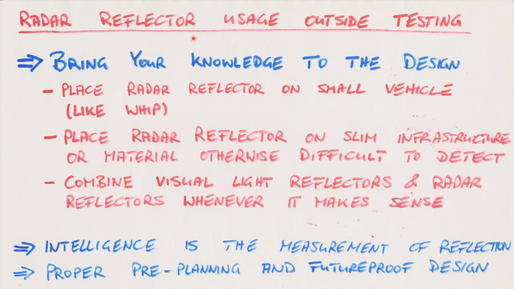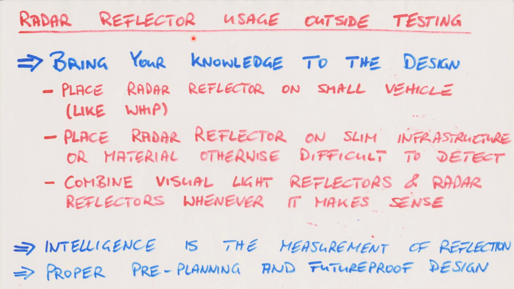It would also be completely fair to equip a radar reflector to mine vehicles, and to tag infrastructure with reflectors where otherwise you have a level of uncertainty seeing them from all directions. So we remember that intelligence is the measurement of identifying your own reflection, this mirror example.